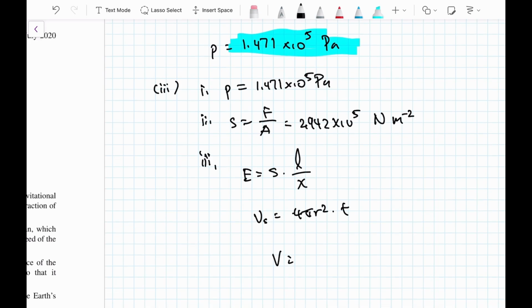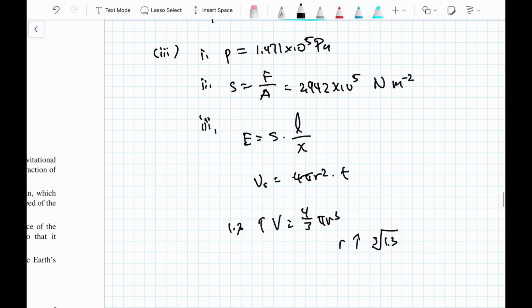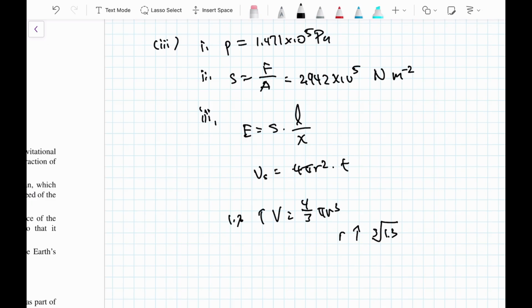So the volume of a perfect sphere is 4 over 3 pi r cubed. And then if the volume increases by 1.3, then essentially what we can say is that the r is increased by the cube root of 1.3. So yeah, so then how do we relate this?